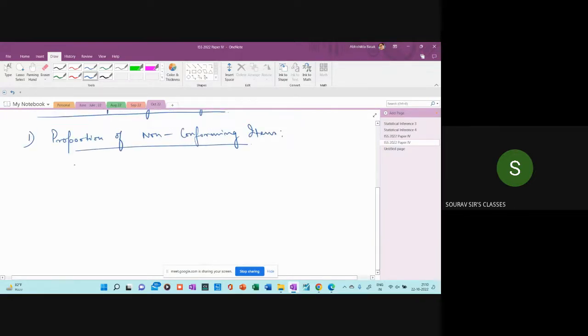We can have some one-sided specification. Suppose we have a one-sided specification. What is this one-sided specification? I am finding out this proportion for a one-sided specification.